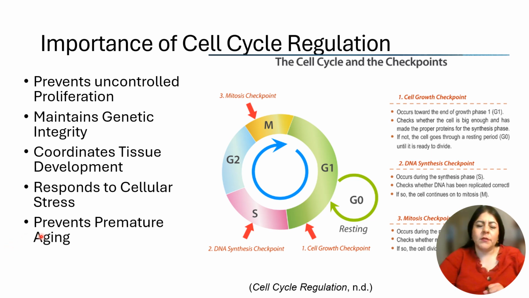So why is it important to regulate the cell cycle? So in eukaryotic cells, signaling pathways are fundamental in controlling the cell cycle, particularly during embryonic growth, where cells divide extensively.